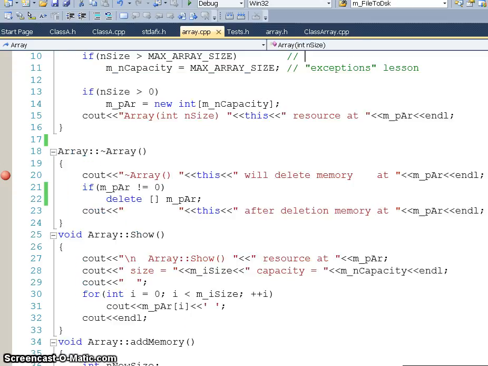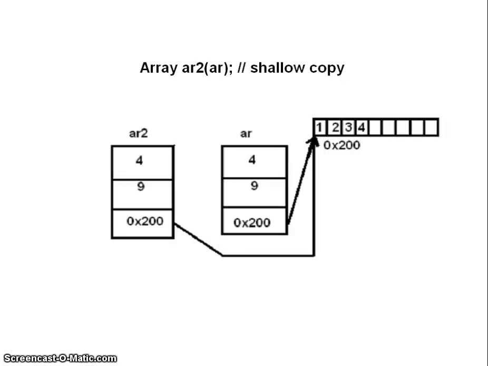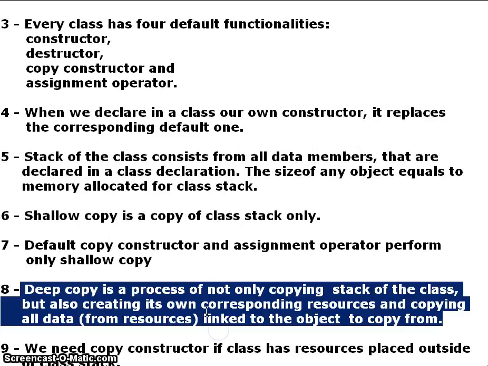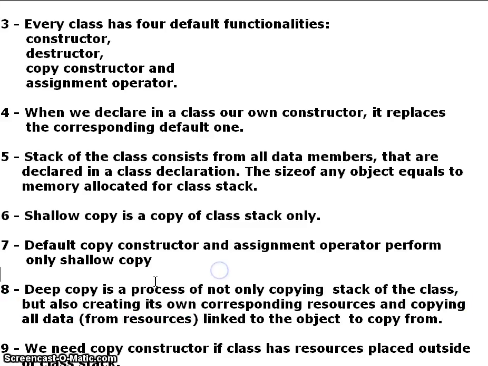Let's look at what deep copy is. Rules. This rule: deep copy is a process of not only copying the stack of the class, but also creating its own corresponding resources and copying all data from resources linked to the object being copied from.